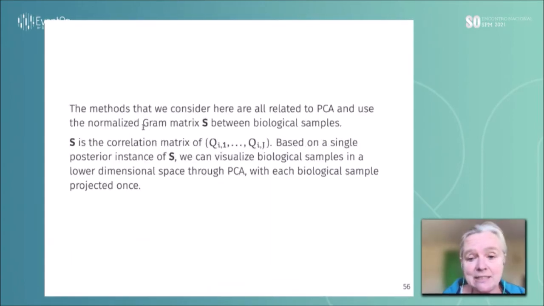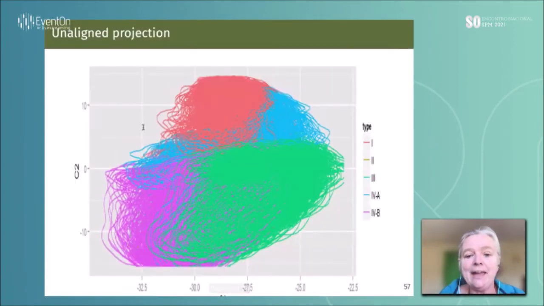And as I said before, if you try to put them back together and don't take into account the identification of the different directions, you get a mess.